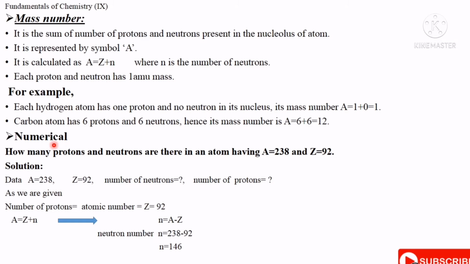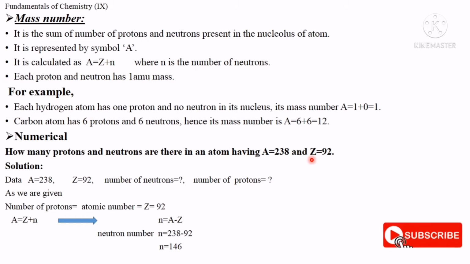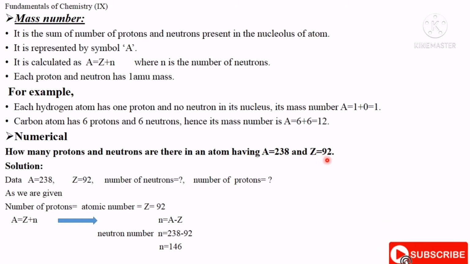Here we have one numerical example, a problem that we have to solve. How many protons and neutrons are there in an atom having A, that is the representation for mass number, equal to 238, and Z, that is the representation of the atomic number or proton number, equal to 92?